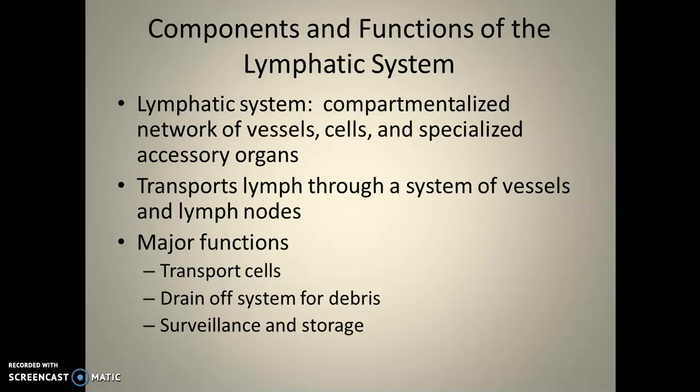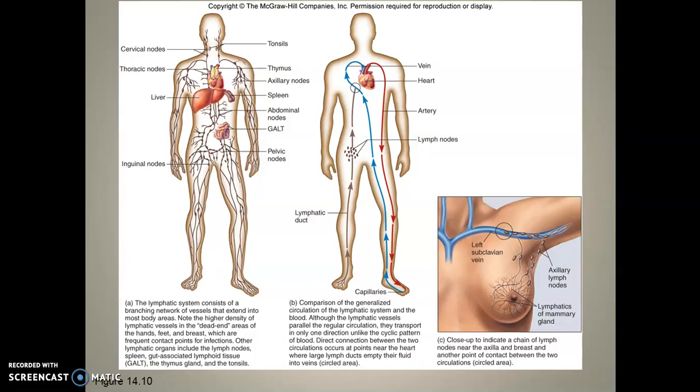So the function of it is really just to transport cells around in the battle against whatever the invading pathogen is, and also to help drain off any debris as a result of the infection, and to store immune cells when they're not functioning.